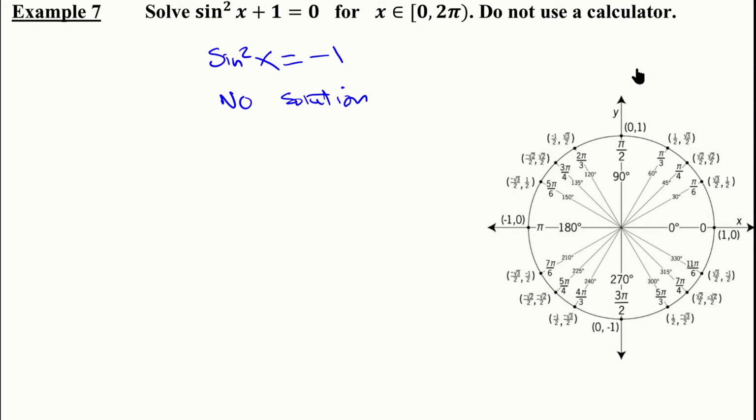So it's never going to, once squared, give us a negative answer. So basically we write the solution set is empty. We can use the null set notation here, or we can just put these braces and not put anything inside it. They mean the same thing. They both mean the empty set.